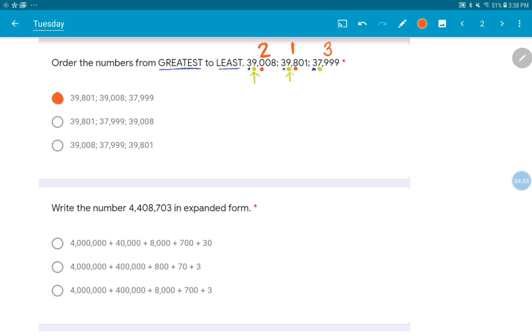Next, you're writing the number 4,408,703 in expanded form. So I have 4 in the millions place value.